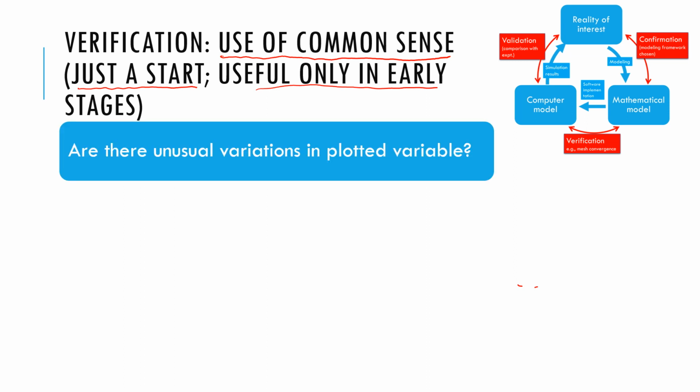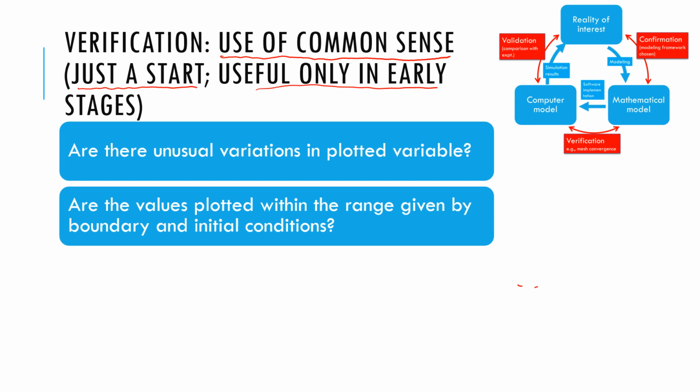And what kinds of things are we talking about? Are there unusual variations in the plotted variable? If it's a heating process, then it should go from cold to hot. Suddenly, at one spot, you should not see a higher temperature or sudden changes unless it's explained by the physics. Another one would be, are the values plotted within the range given by boundary and initial conditions?